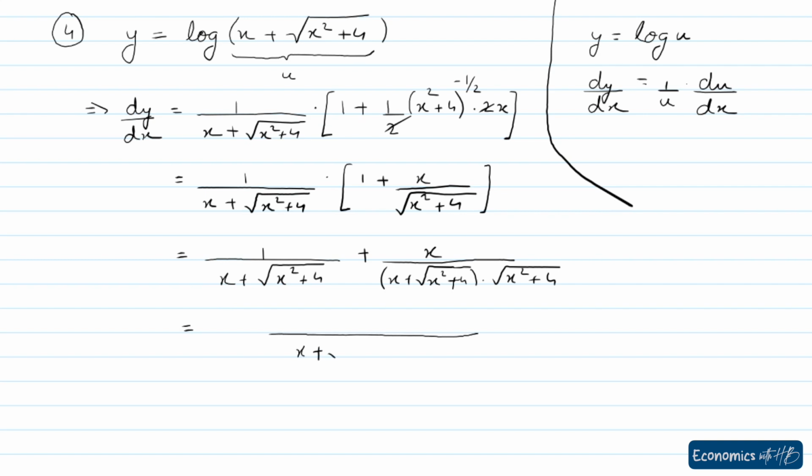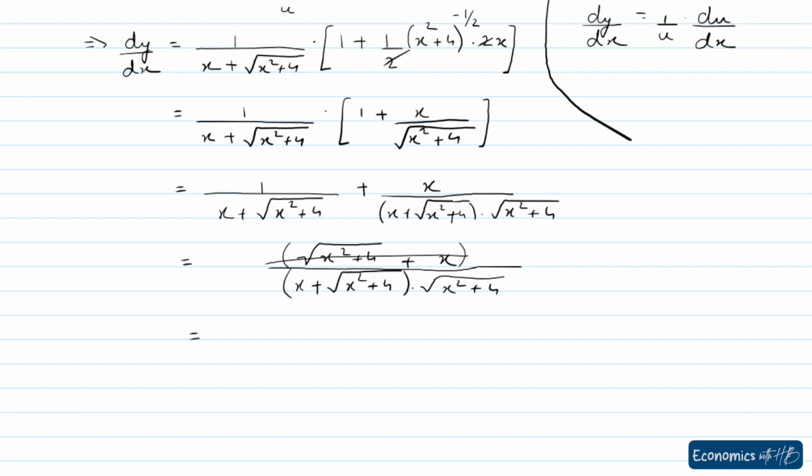So taking the common denominator, x plus under root of x square plus 4 into under root of x square plus 4, and in the numerator we get x plus under root of x square plus 4. These two cancel out, so we are left with 1 by under root of x square plus 4, which is the answer. See the next question.